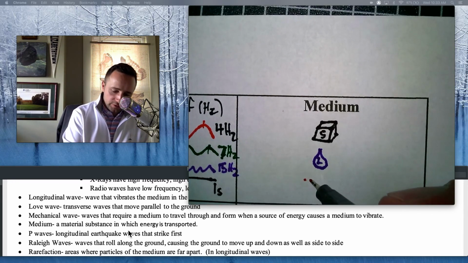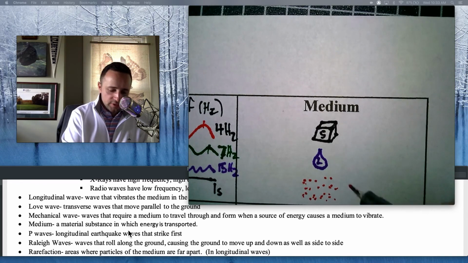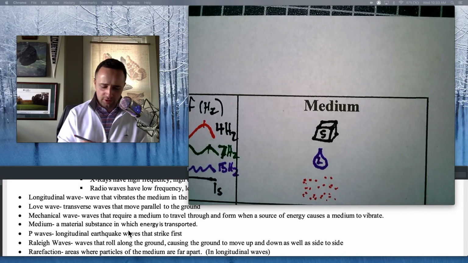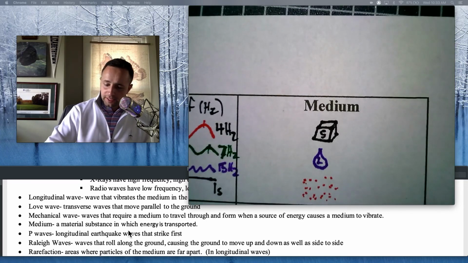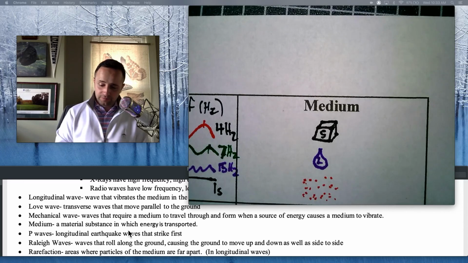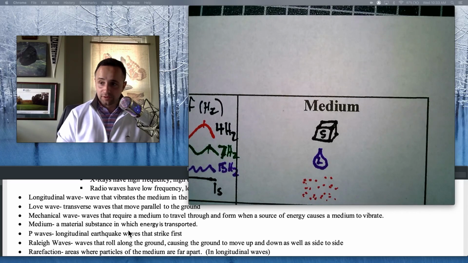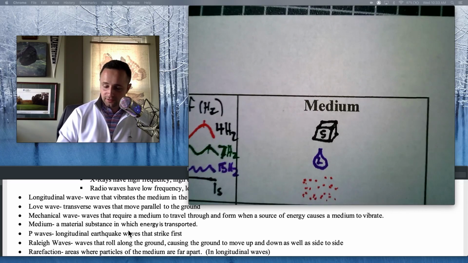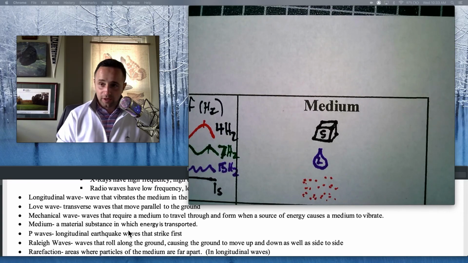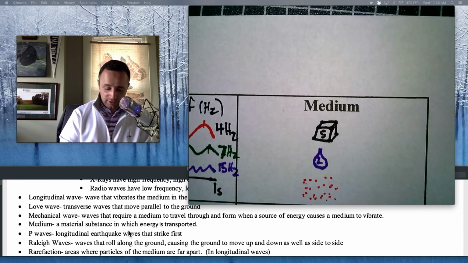And I'm putting little dots to represent gas. So we know solid has definite shape, definite volume. Liquid has indefinite shape, and it has a definite volume. And then with gas, gas just likes to spread out. You can calculate its volume by containing it, but it's tough.